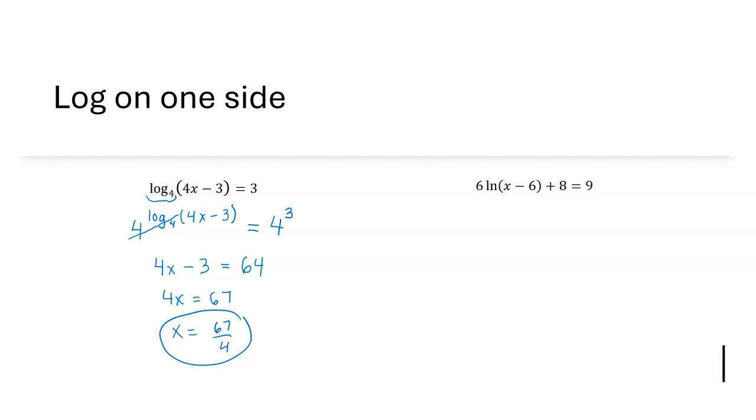All right. This one, I have a lot of yard that needs to be cleaned up, so I'm going to subtract 8. And I'm going to divide by 6.